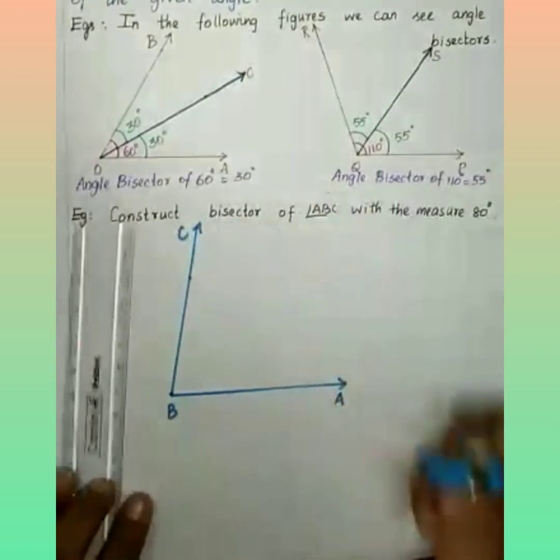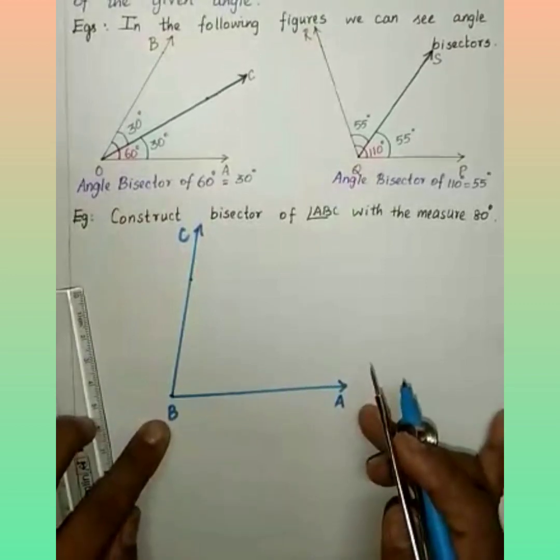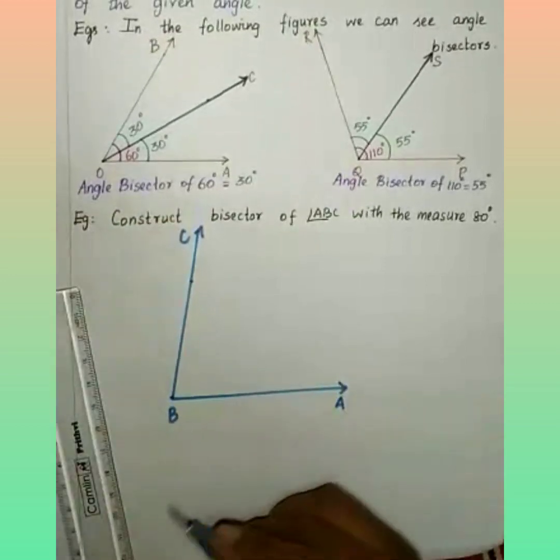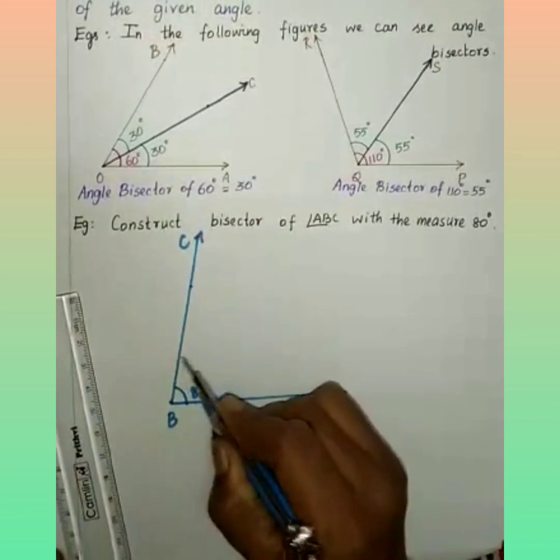This you can mark as C. Here B is the vertex and BA is one arm and BC is another arm. Now angle ABC is 80 degree.